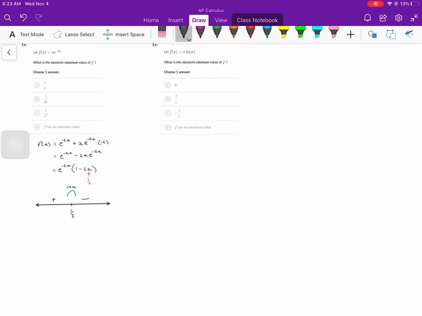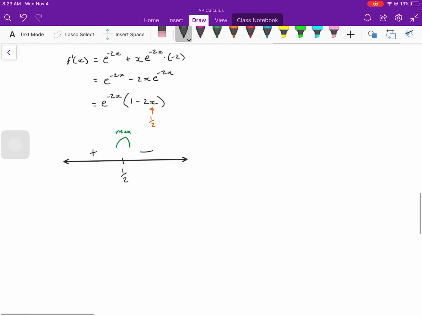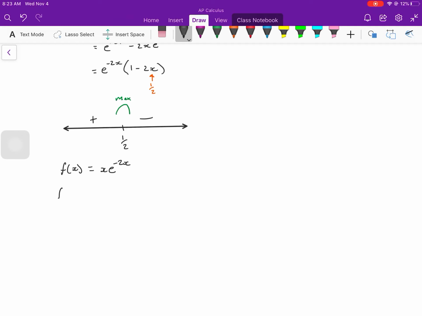Let's figure out what that value would be. f of x equals x e to the negative 2x. So f of 1/2 would be 1/2 e to the negative 2 times 1/2, which is 1/2 e to the negative 1, which is 1 over 2e. So this is one possible value.